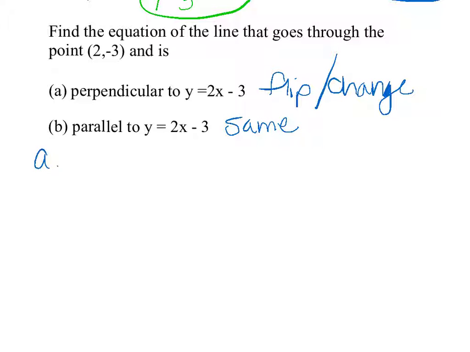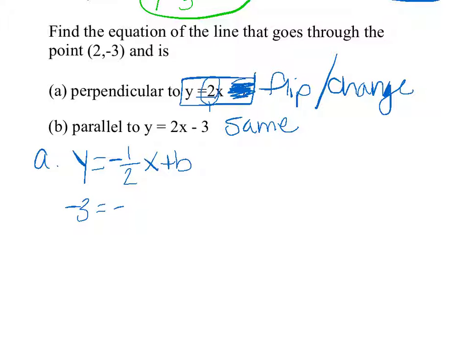So for A, y equals, okay, I go to my parts line. I don't look there at all. I just look at my slope. This is 2 over 1. I need to flip it over because I'm doing perpendicular. It was positive. I need it to be negative now. x plus b. Now I plug in for x and y.